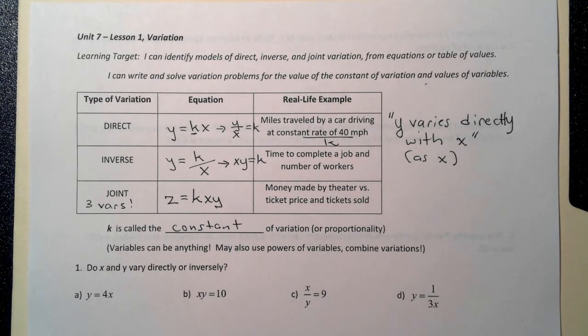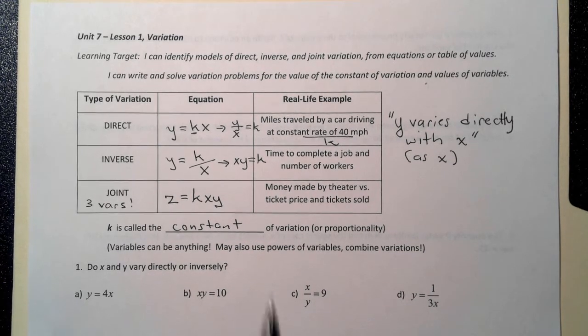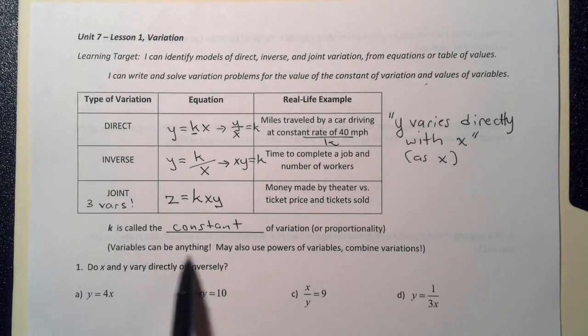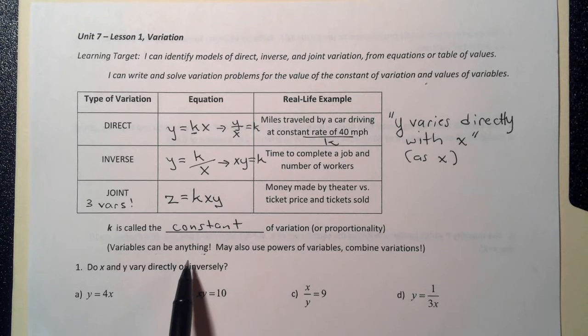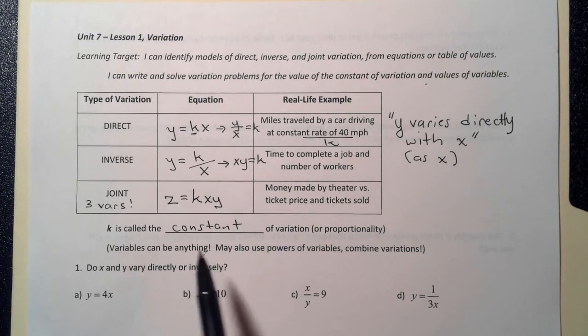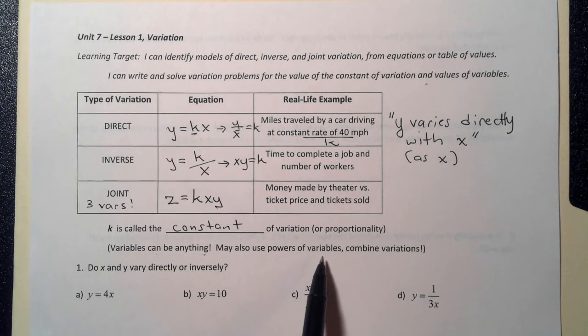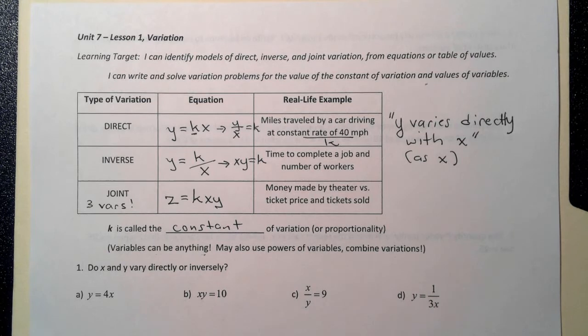I have two factors varying that can both influence the amount of money that my theater makes. Now note, this is just a general setup. The variables can be anything. They don't have to be y, x, or even z. And another thing is, as these get more complicated, I will have things like powers of variables or even square roots of variables, and I can combine the variations. We'll see some examples of that as we go through this.